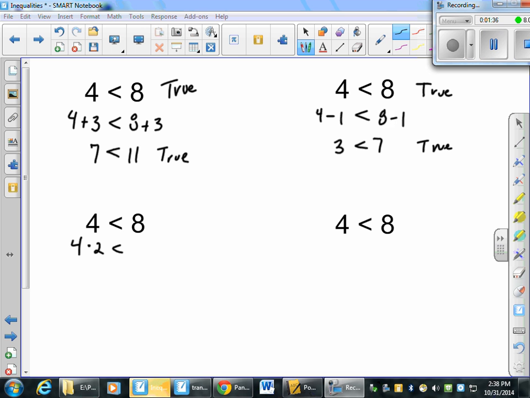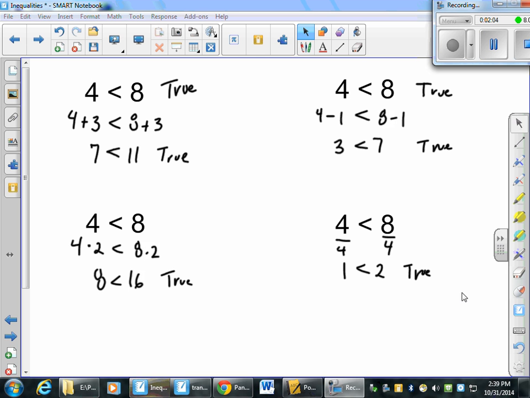Let's choose 2. 4 times 2 is less than 8 times 2. 8 is less than 16. Still true. So we're maintaining the trueness of the inequality all the way through here. Let's divide by 4. 4 divided by 4 would be 1. 8 divided by 4 would be 2.